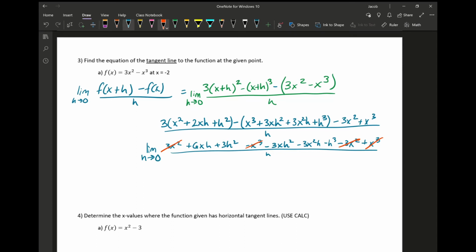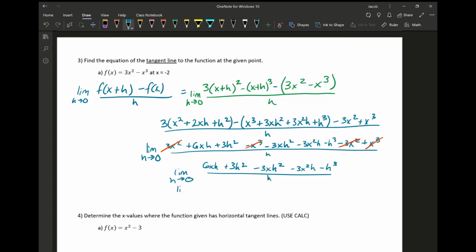So now I'll write the terms that have an h in it on this next line, and then divide that h in my denominator out of my numerator.